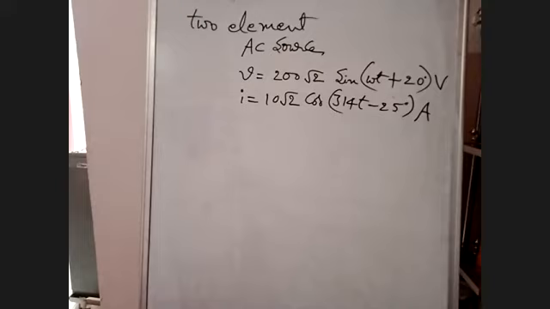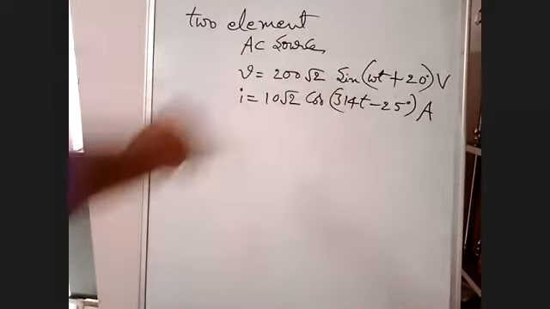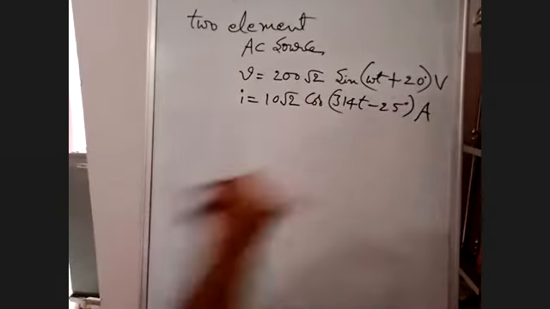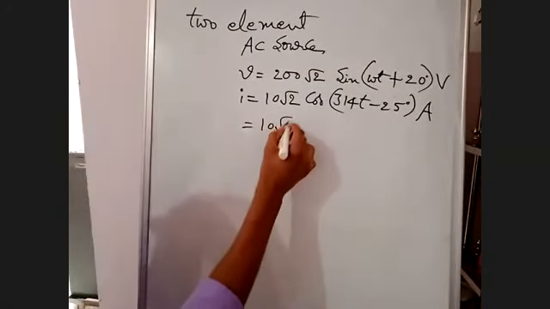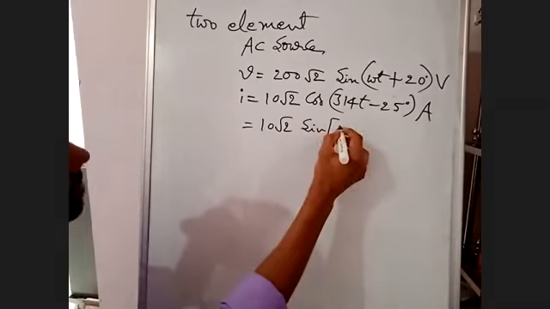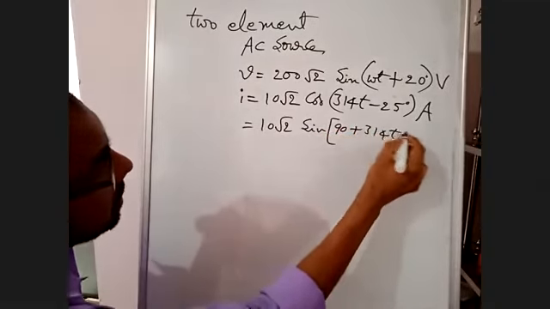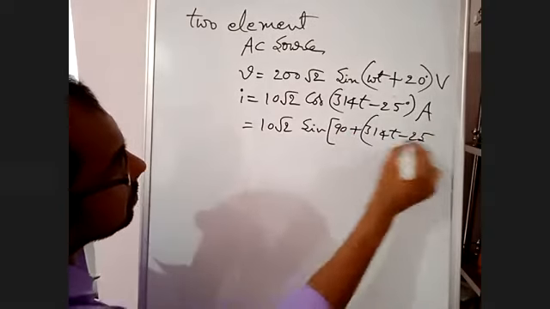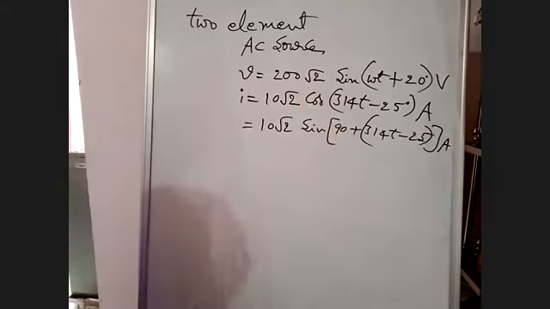So now see here, voltage and current. Voltage is in sine, current is in cos. So convert the current I into sine, then only can we compare. This one is 10 root 2 sine of 90 plus 314t minus 25. Sine 90 is cos.